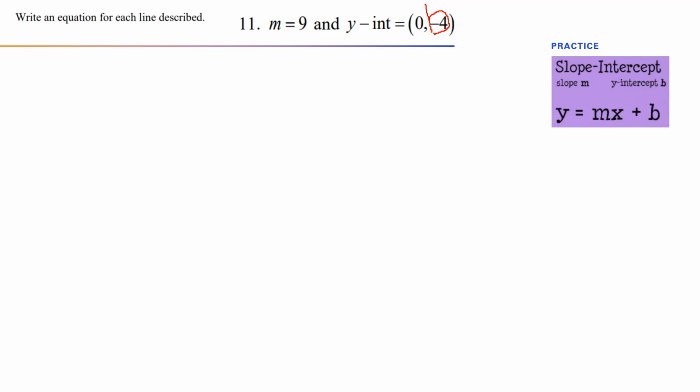We write that down again: y equals mx plus b. Now we plug in the given information. So y equals m, which is 9, x, and then b is minus 4.